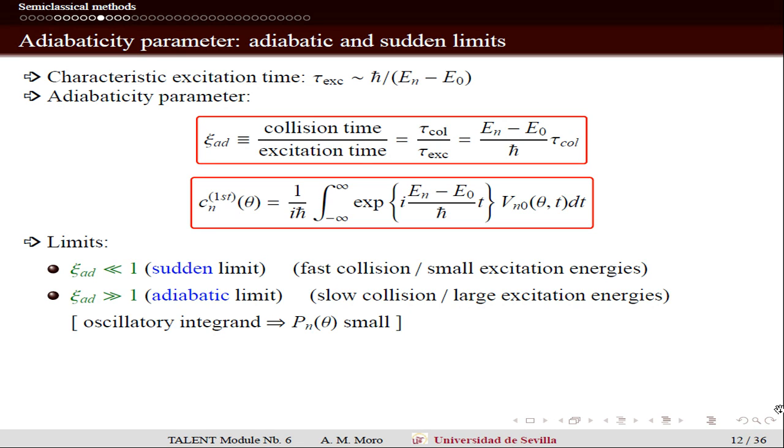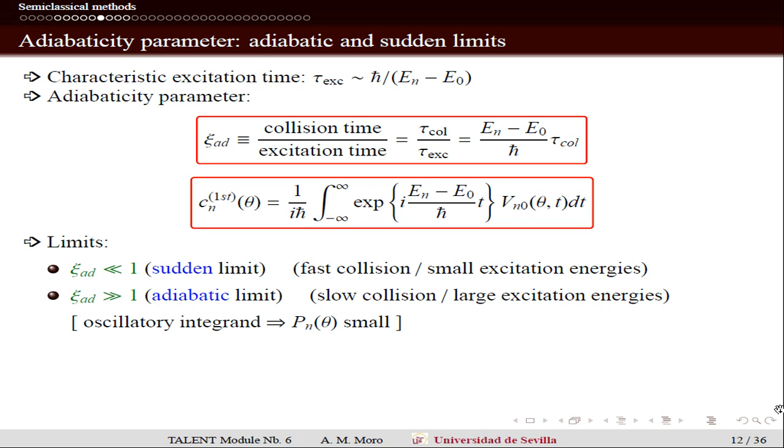So let's consider two very extreme limits, and the reality will be somewhere in between these limits. Consider a situation in which this ratio, this adiabaticity parameter, is very small. This means that the argument of this exponential is small. So either the collision time is small, in other words we have a very fast collision.